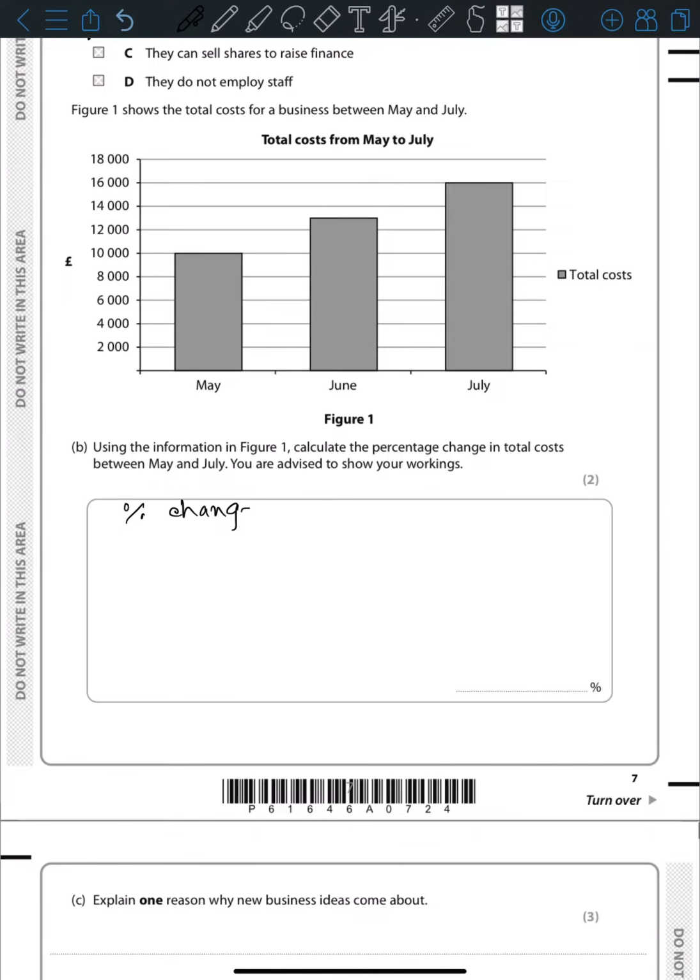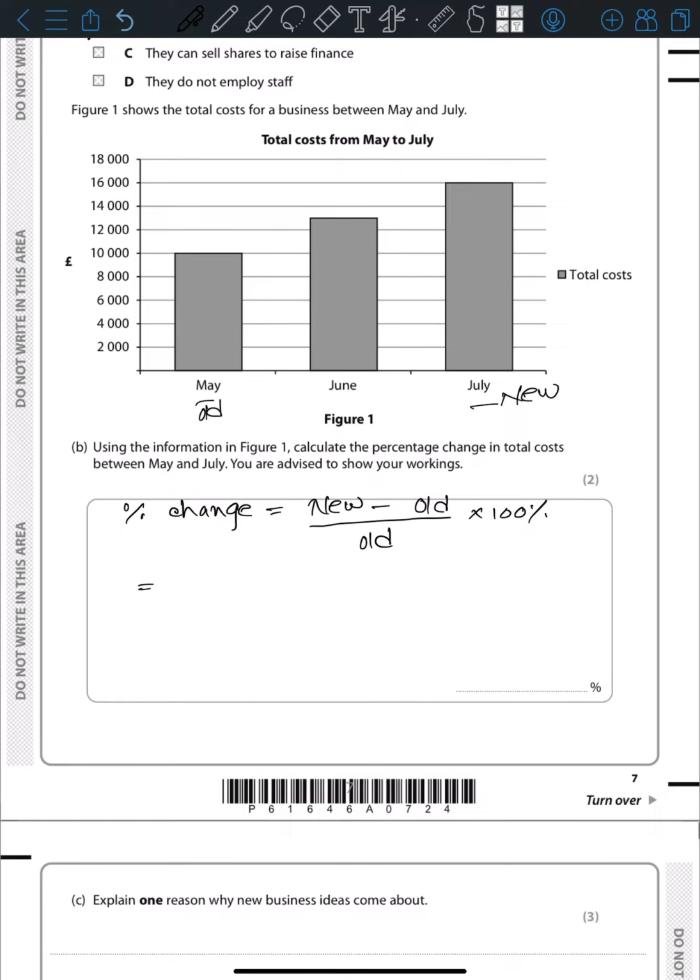The formula we always need to remember, the golden rule, is new minus old divided by old times 100. So the new value minus the old value divided by the old value times 100. So using this formula, we can calculate, so between May to July. So May is our old value, July is our new value, because July comes after.